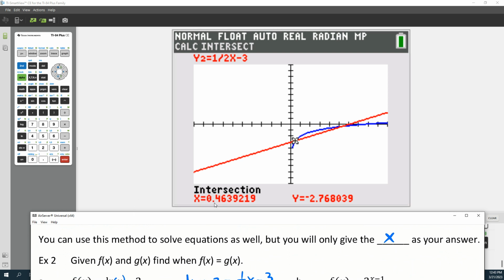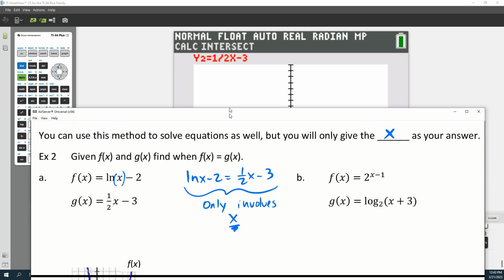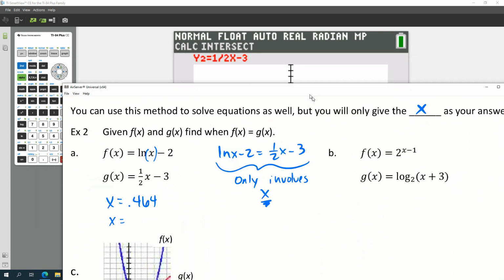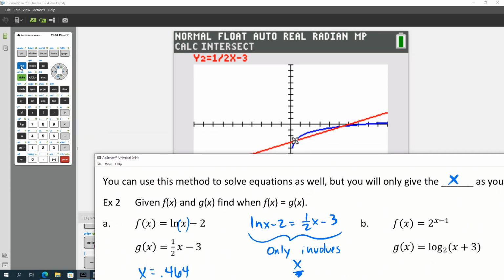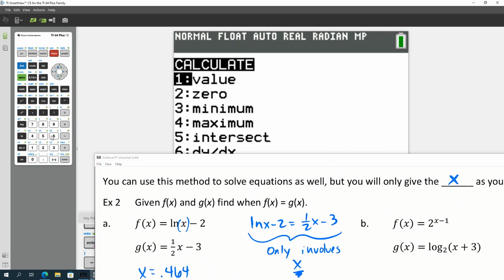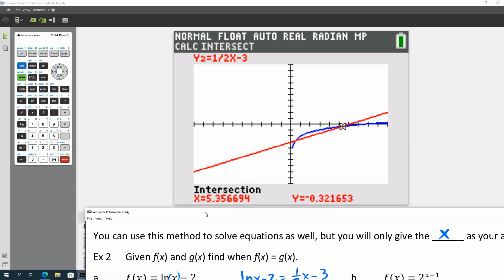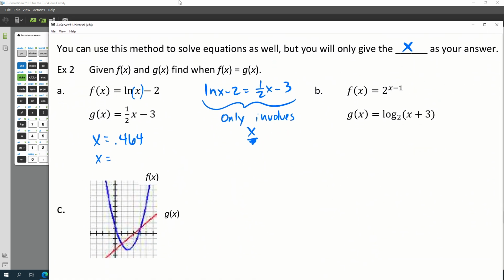So 0.464 is one of our answers. So second, trace 5, move close to the other intersection, enter, enter, enter. All right, so 5.357 is the other one.